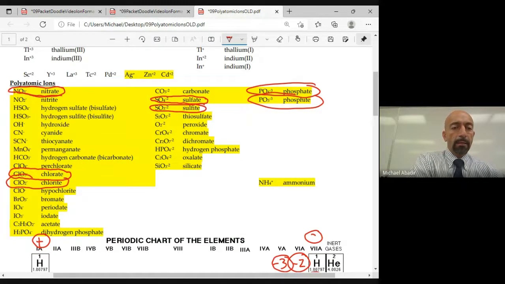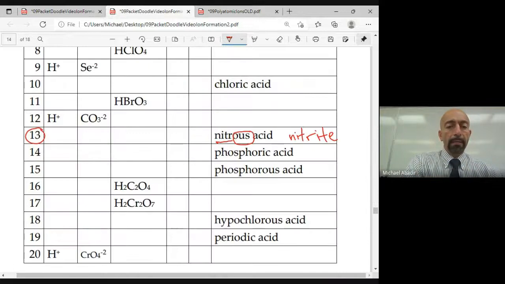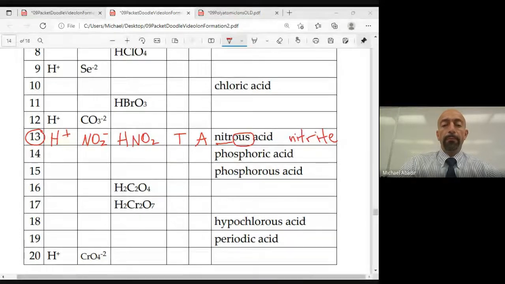Nitrite is NO2 minus. So we're going to write that in our anion column, NO2 minus. Again, it's going to be with an H plus because this is an acid. And when you put them together, they match with the charges. So you're just going to write HNO2. And this is a ternary acid because there are 3 elements and acid in that column. So we've done one of each kind on this worksheet, and this should help you to work through any of the other acids that we have on this paper.